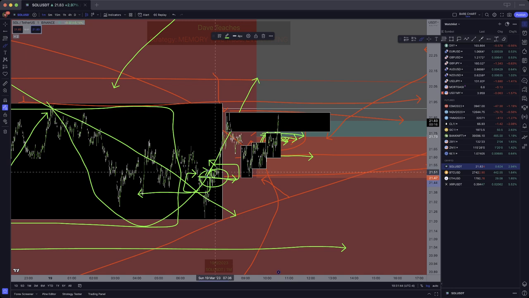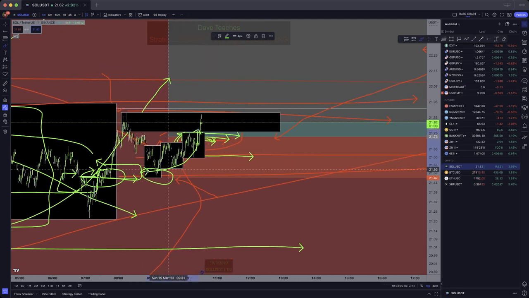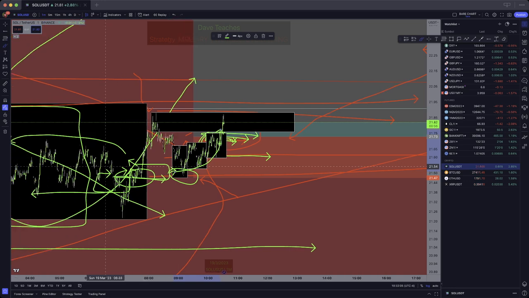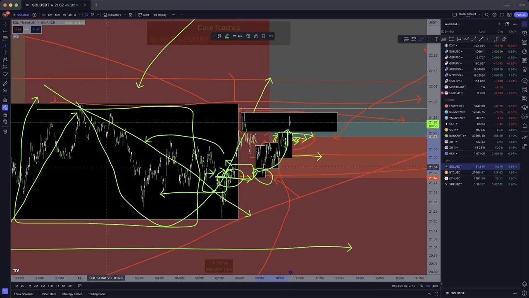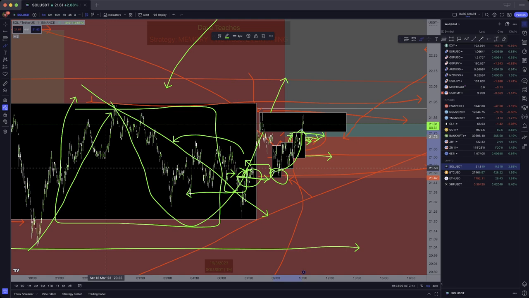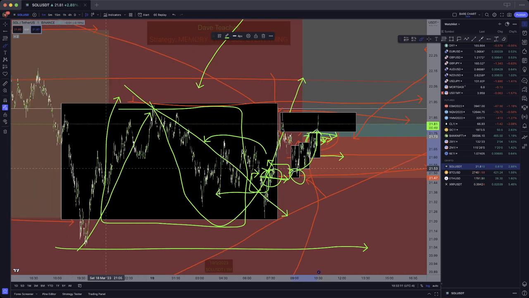We create an S&D that gives us the larger structure. So when price comes back to it, we tap into it, and then we get a shift off of it and we go. Trading order flow is more important than the zones you select and your hope in them holding. Your hope in them holding.